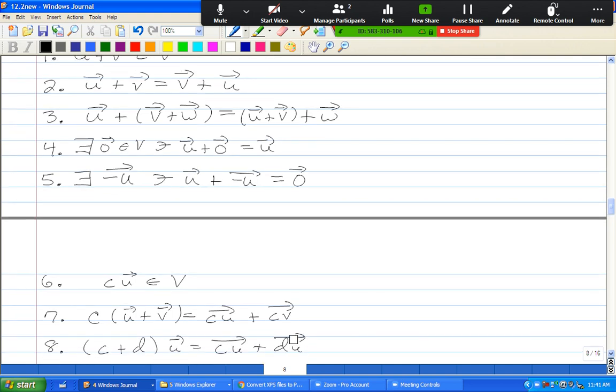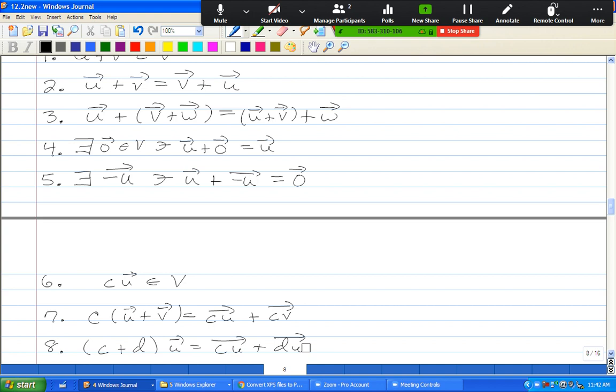Next, scalar multiplication distributes over scalar addition. And so adding the scalars C plus D and multiplying them by the vector U gives me the sum of the vectors CU and DU.